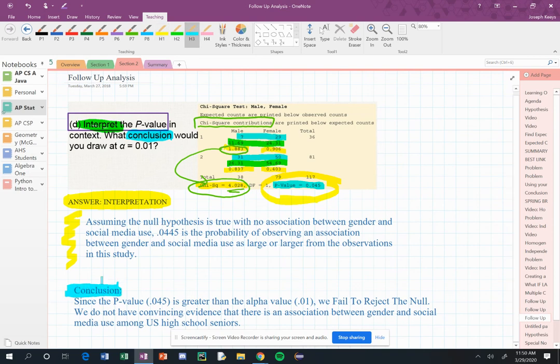And this one is the contextual conclusion you can make at the alpha of 0.01. So that was the instructions in here. Interpret the p-value, which we did right here, and then what conclusion can you draw? The conclusion is what we do after the 4-step process. So here's just another example of a full credit response for interpreting a p-value, and a full credit response for a conclusion based upon this data in here.